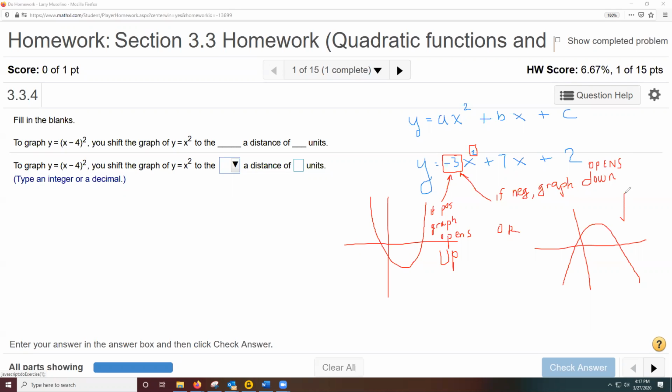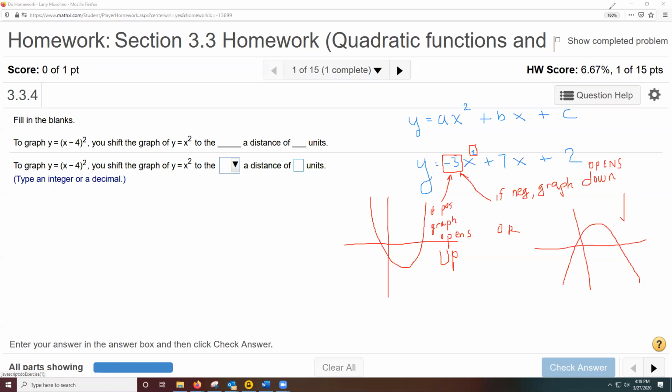So this would be the typical graph for that function. Okay, so you'll know a quadratic function when you see an x squared is present. If the number in front of the x squared is a positive number, the graph will open up like this left-hand diagram. If the number in front of x squared is negative, the graph opens down.